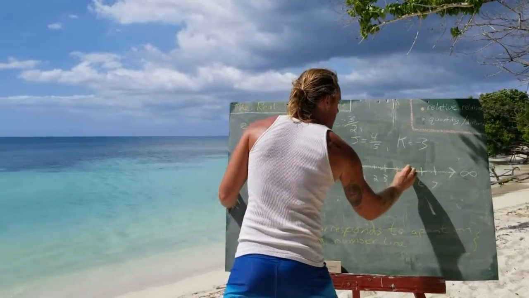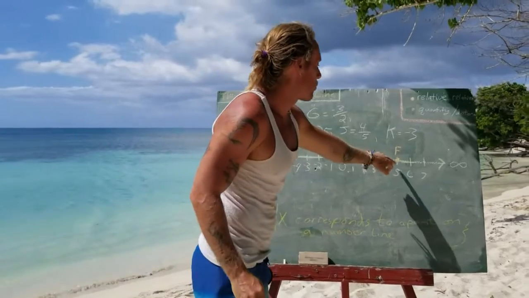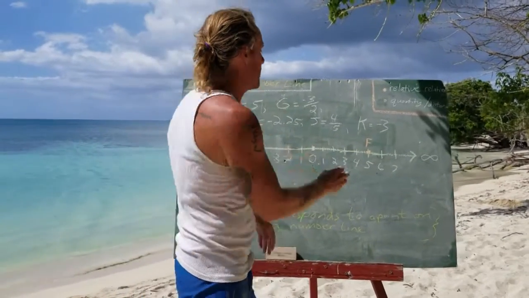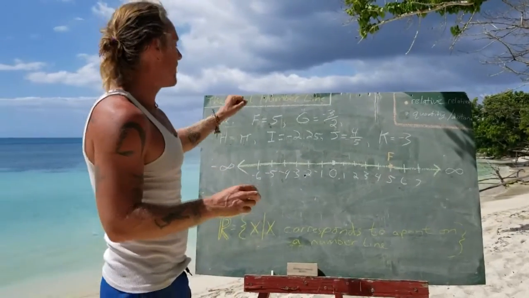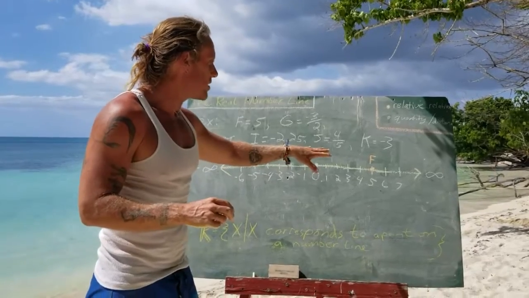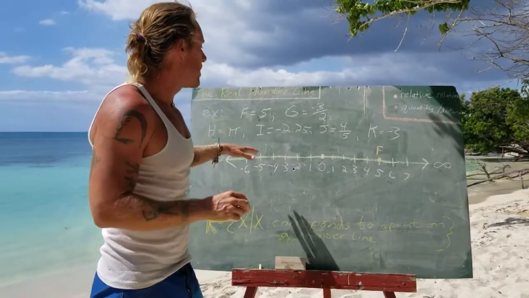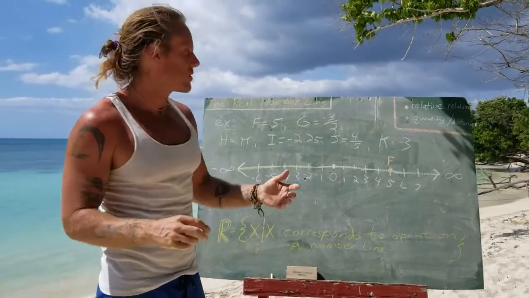Fairly easy. So our point F we could graph as that. This point F is describing what 5 is, and it'll show us relative relations and quantitative relations between all other points and their corresponding numbers.